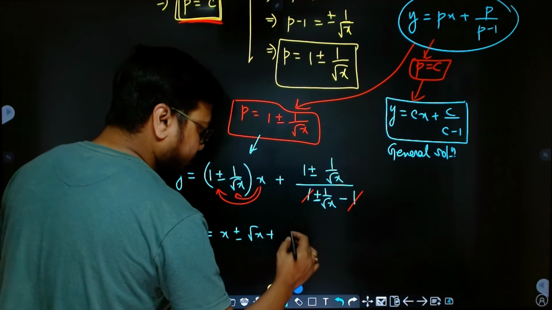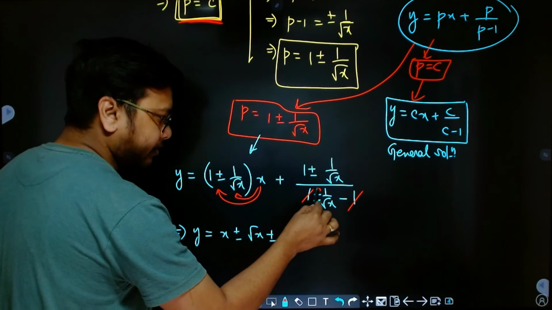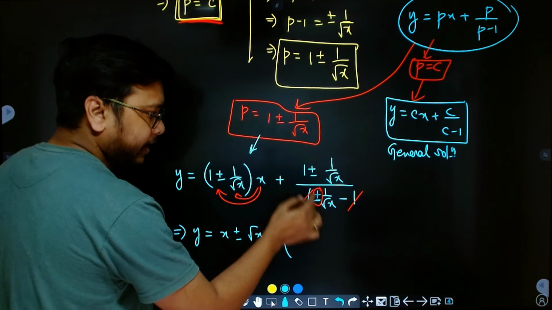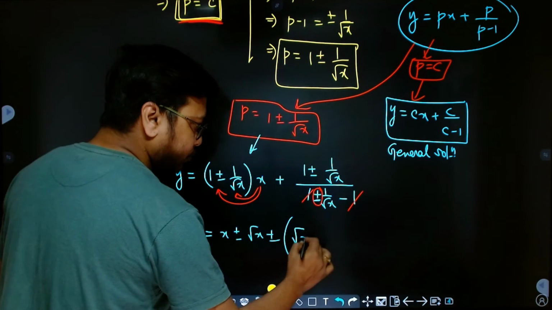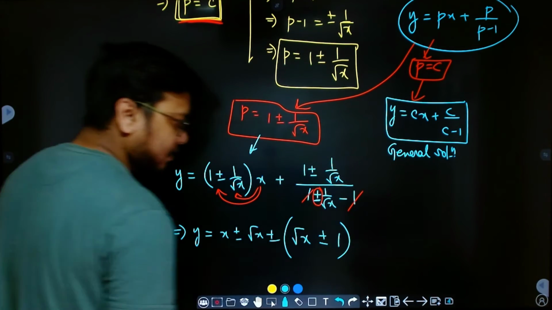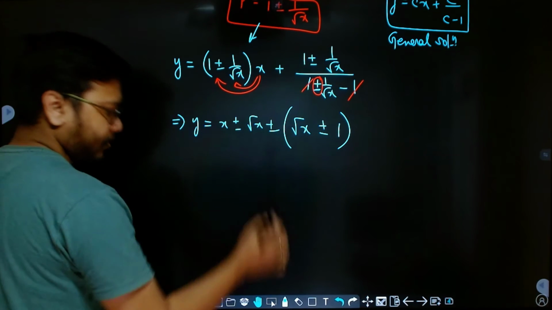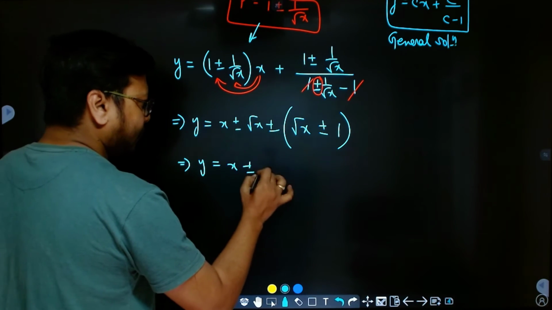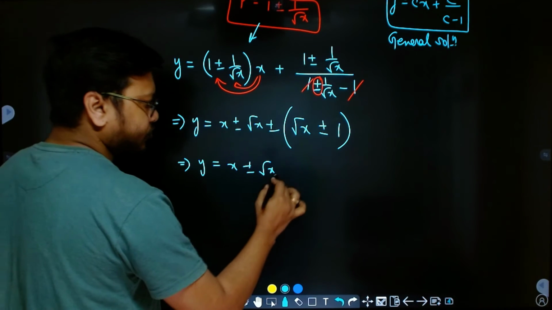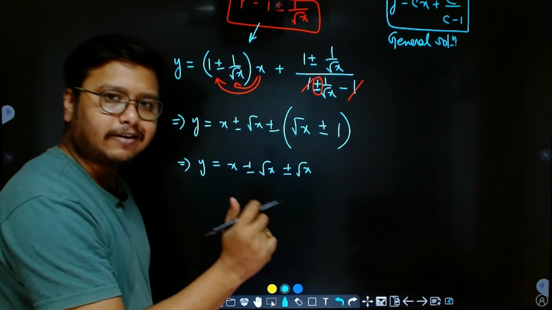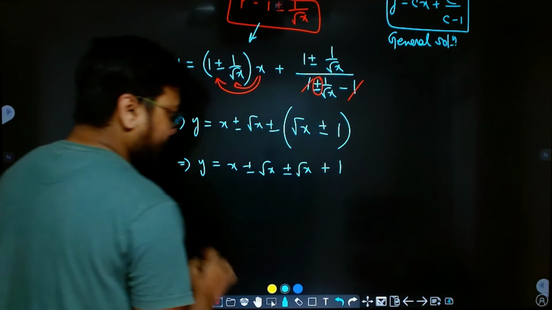So plus, if I take the plus minus common, then I have 1 divided by 1 upon root x, so that's root x, plus minus 1 upon root x by 1 upon root x, that's a plus 1, plus minus 1, right? So now I have plus minus root x, and plus minus multiplied with a plus minus, that will become a plus, so plus 1.